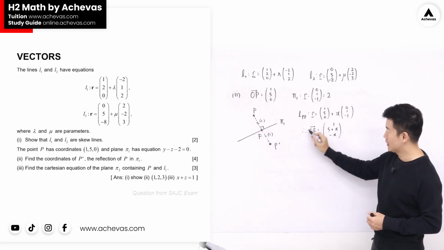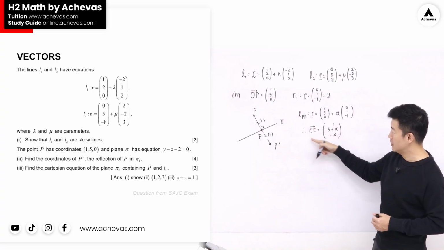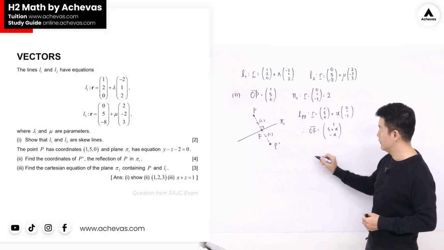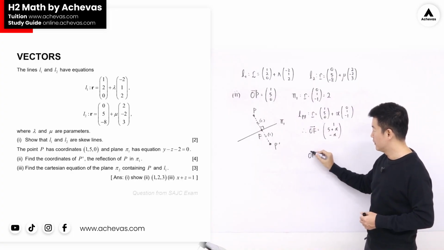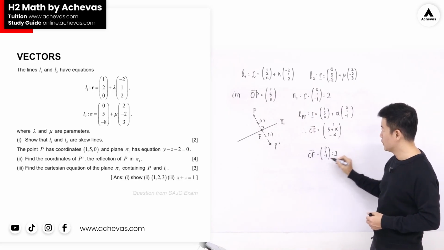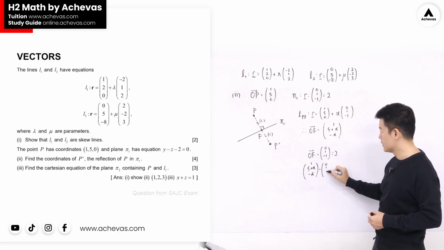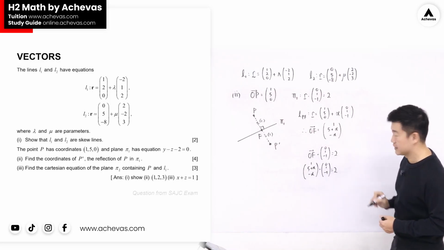That means the position vector of F must satisfy this equation. Replacing r by the position vector of F, we will have OF dot (0, 1, -1) equal to 2, which means that it is going to be (1, 5 + alpha, -alpha) dot (0, 1, -1) equal to 2.